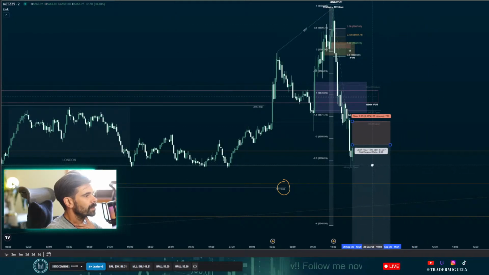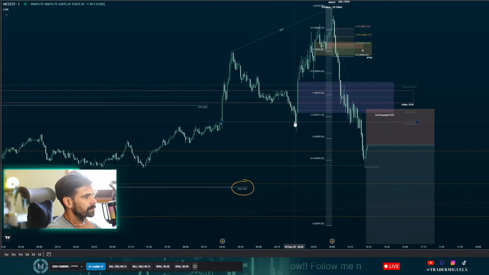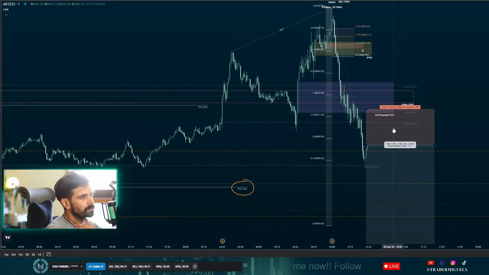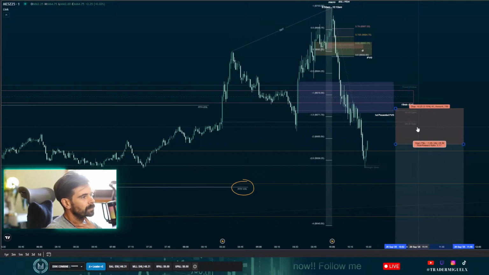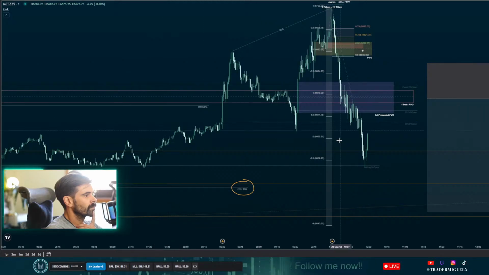Let me just check here. Yeah, that 10 handle stop. Yeah, nice retracement here.